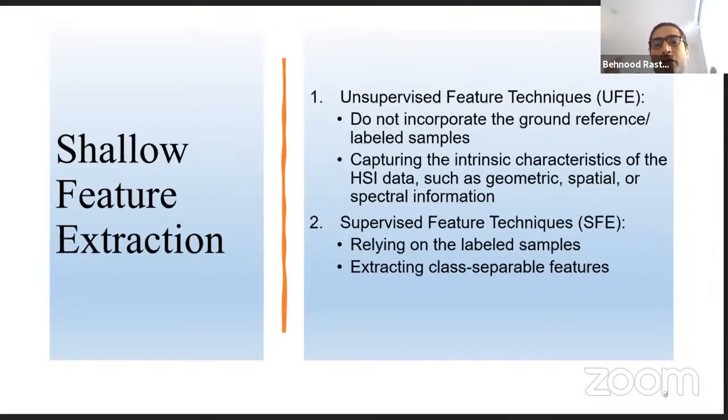Unsupervised techniques do not incorporate labeled samples or ground references. Instead, they capture the intrinsic characteristics of the hyperspectral data, such as geometric, spatial, or spectral information. On the other hand, supervised feature extraction techniques rely on labeled samples, and they extract class-separable features.